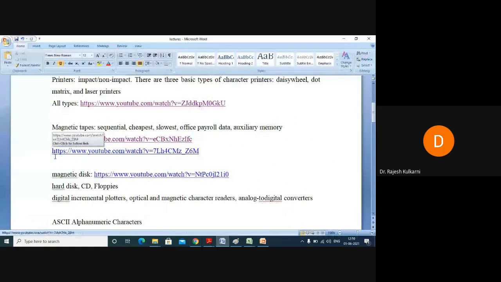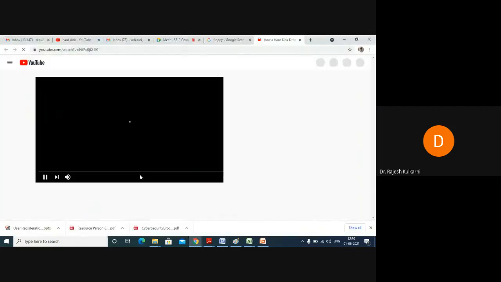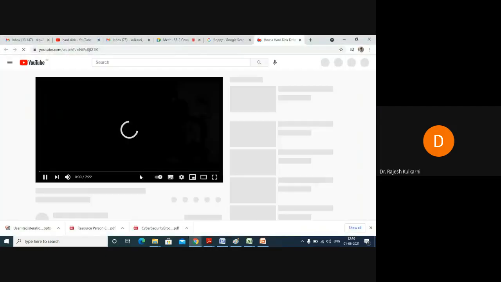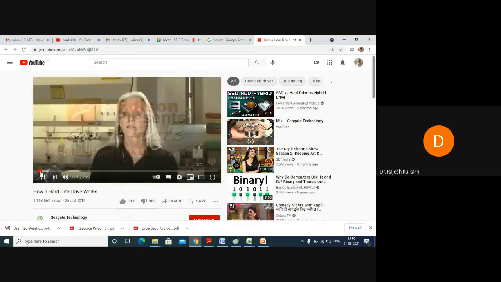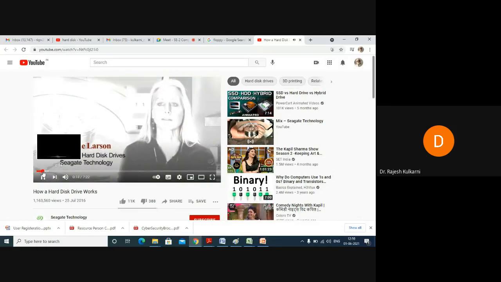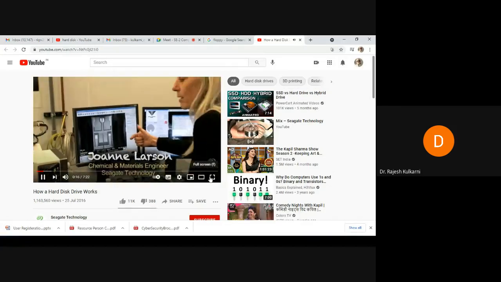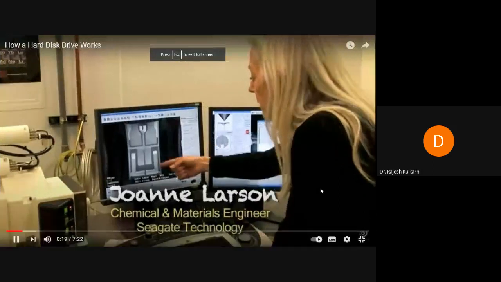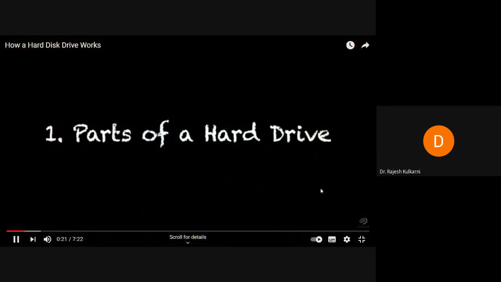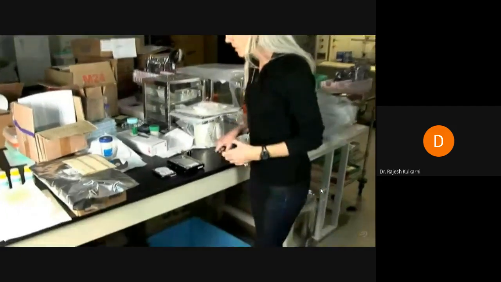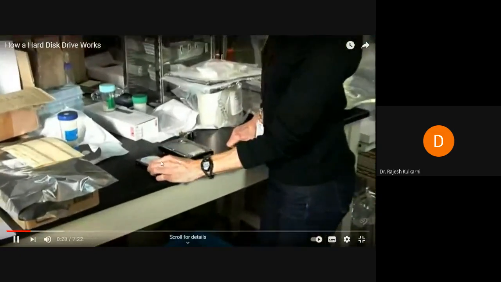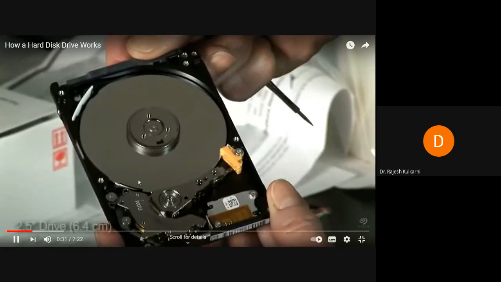Hope you got it. And similarly, for magnetic disk, you pretty well know what a magnetic disk is. Basically, one of the examples is this. I just want to show you for a few seconds. These are the two hard disks.